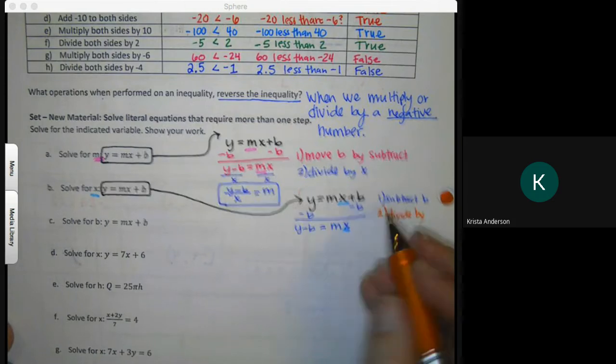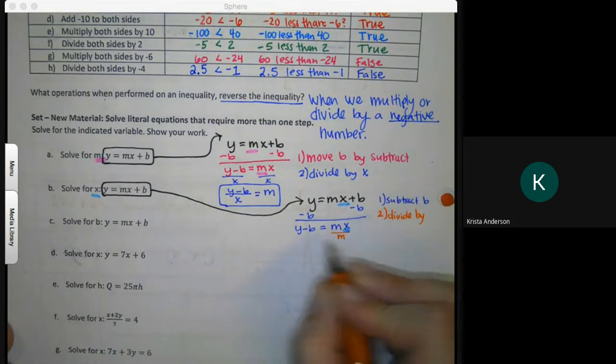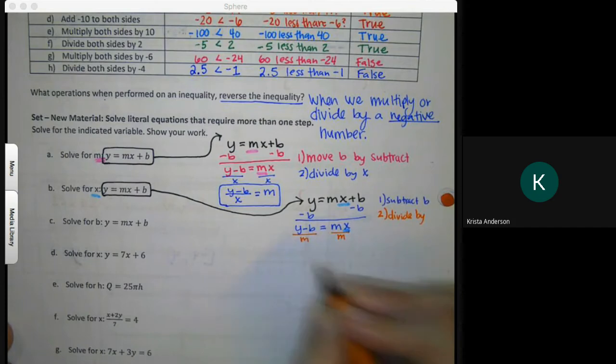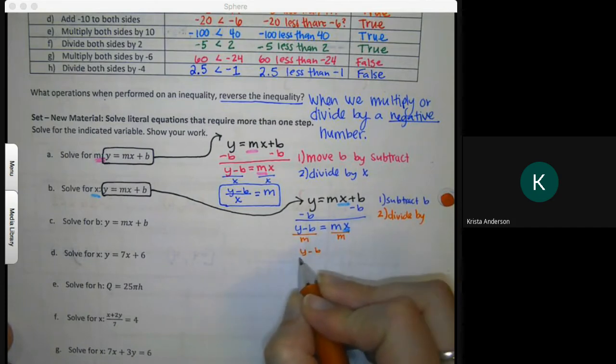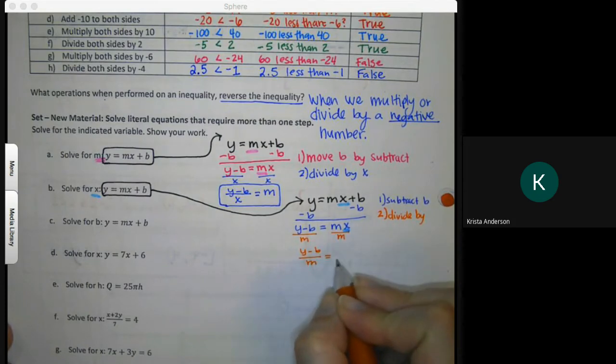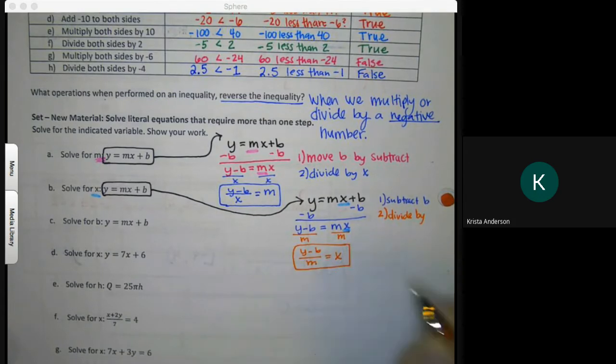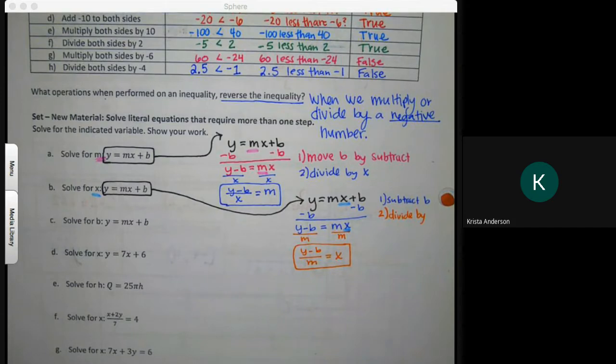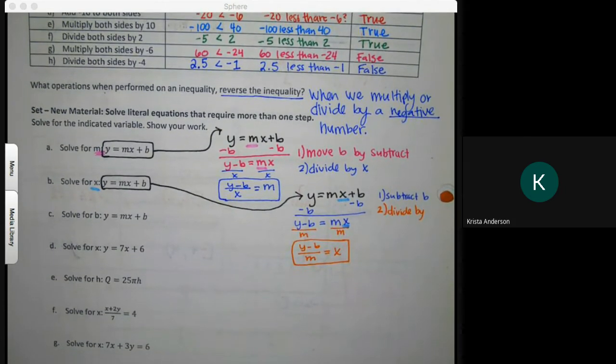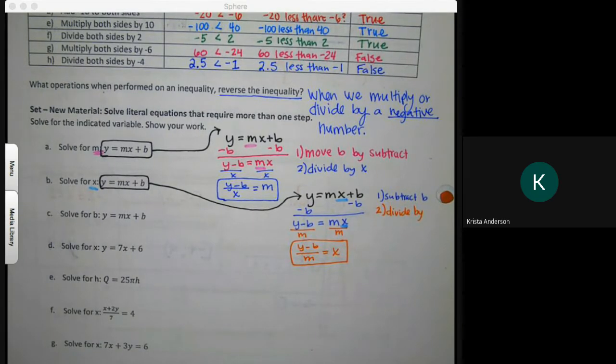I'm going to divide by the m. Let's see.